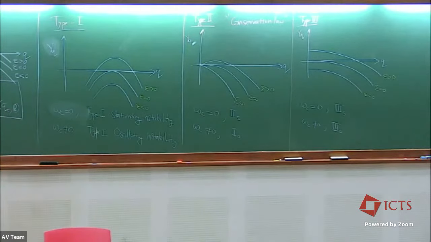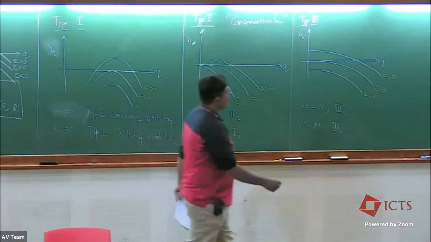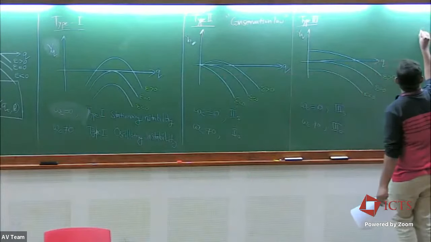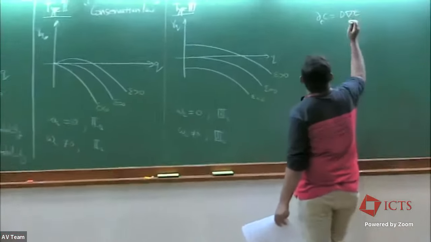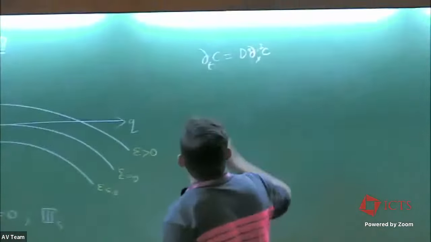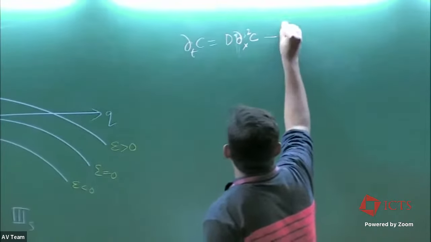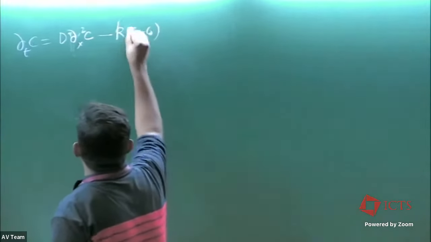So in conservation, how do you define the epsilon equals 0 curve? Because gamma q is going to be 0. So there's no pattern here, but just think about the diffusion equation, and let's say I put in some simple linear term.